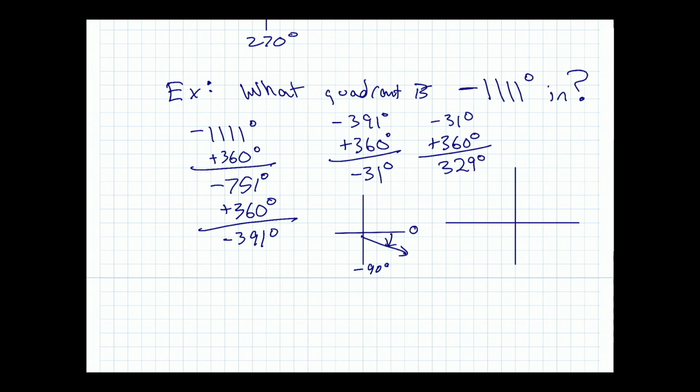And then 0, 90, 180, 270, 360. So where is 329? It's in between 270 and 360, down there. 329. All right, so what quadrant is that? Well, that's easy, right?